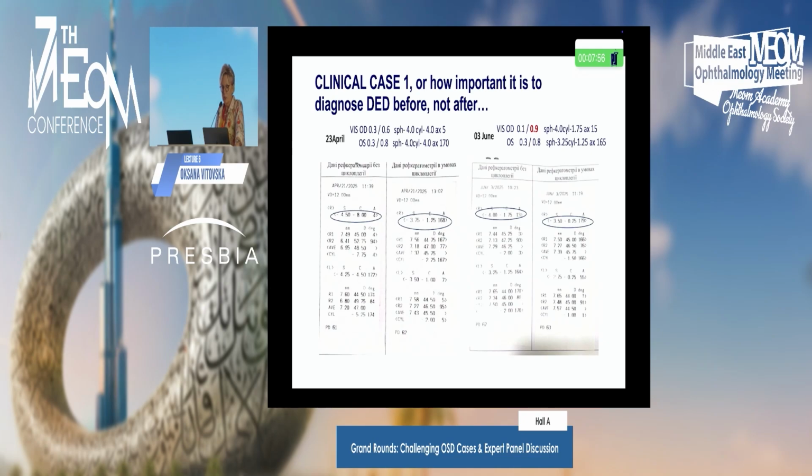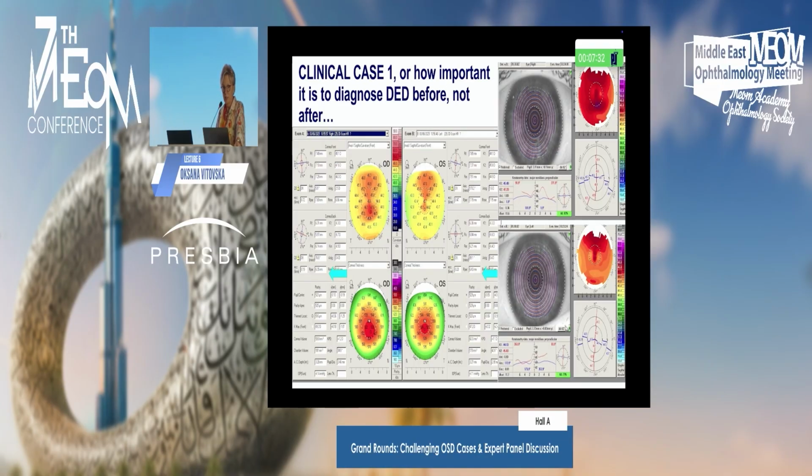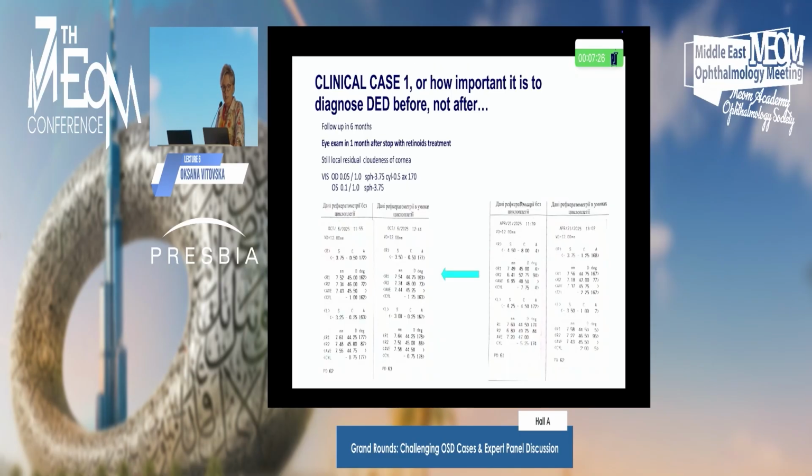But the most impressive is that if you look at autorefractometry, you will see that the cylinder changed from -8 on the right eye to -1.75, and on the left eye from -4.5 to -1.25, so it dramatically decreased.